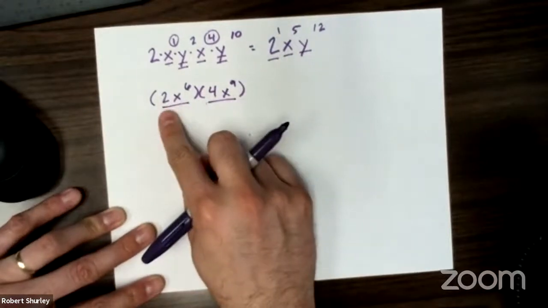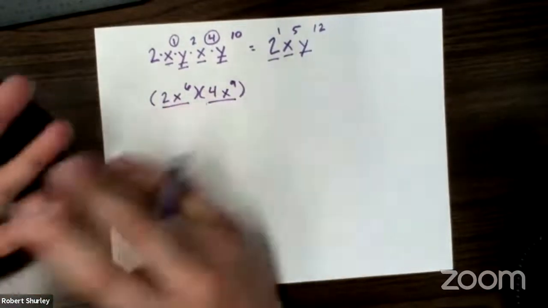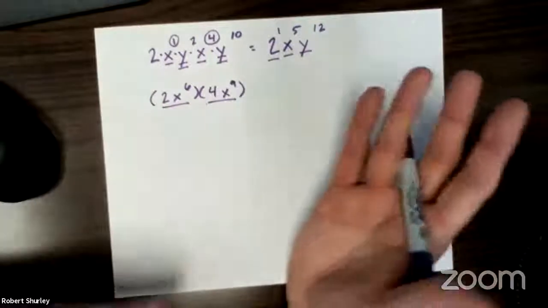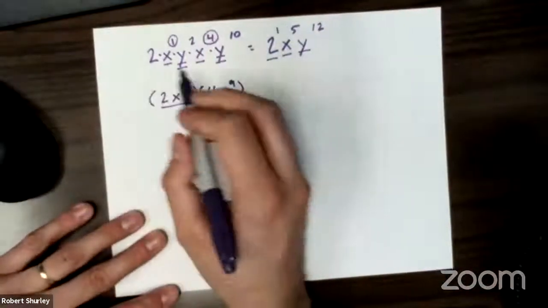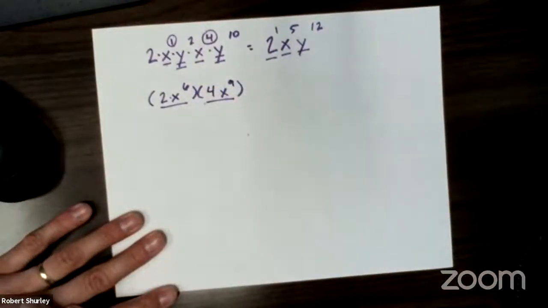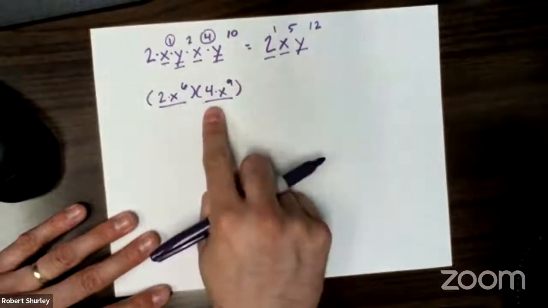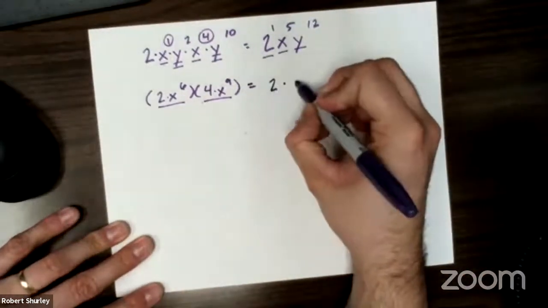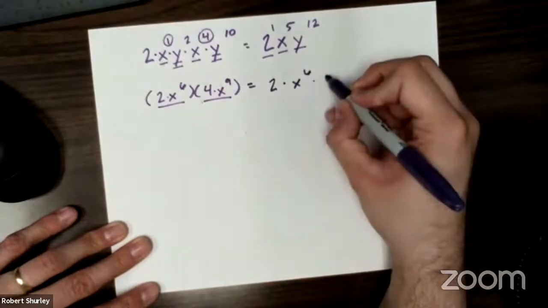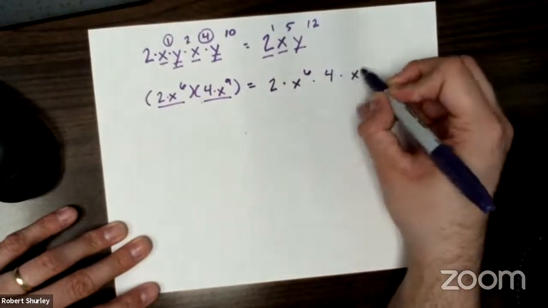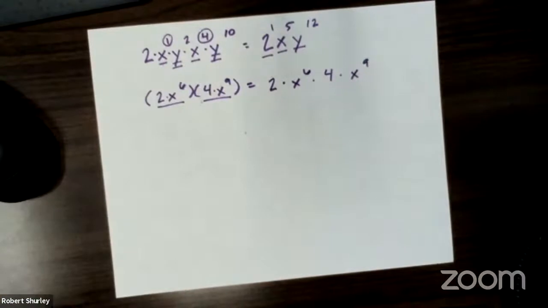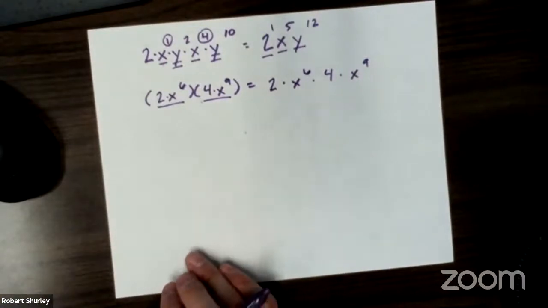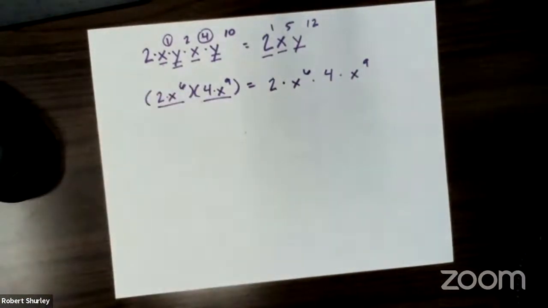Well, we can't multiply 2 and x to the 6th. We've got a number and a variable. They don't multiply together, you just smush them together with a multiplication sign, right? So visually, this is the same as saying 2 times x to the 6th times 4 times x to the 9th. It's the exact same thing because there's no addition or subtraction.